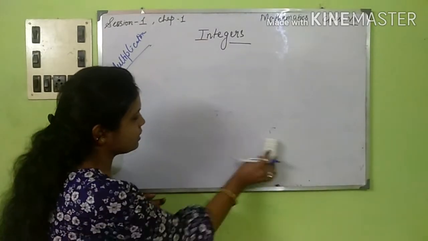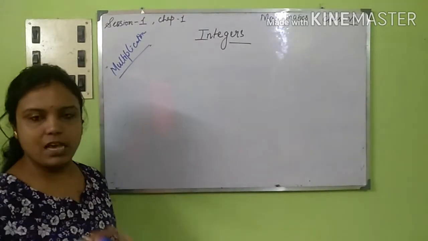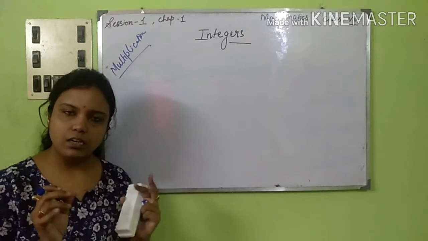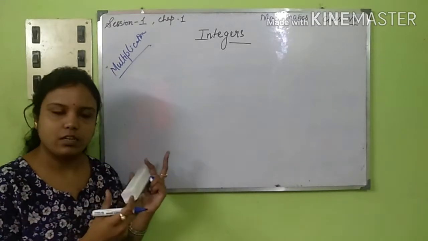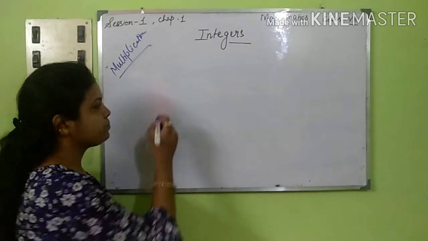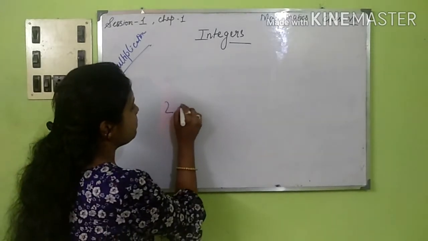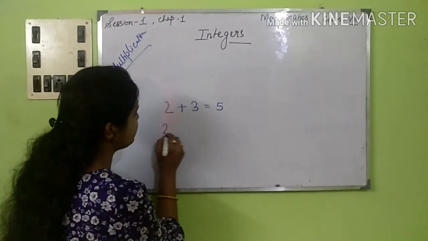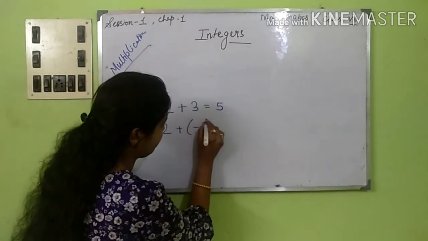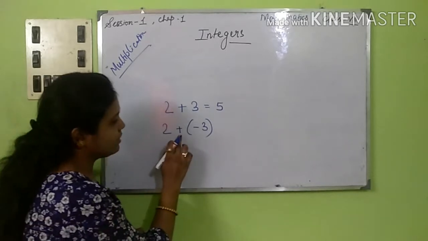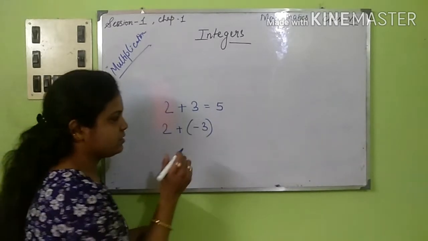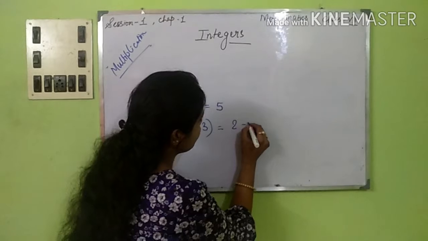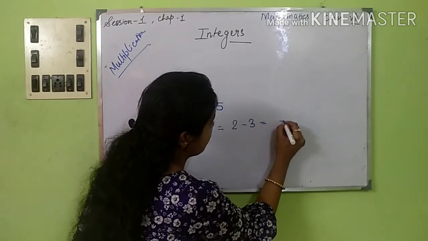For addition, this is a very easy way of telling you, so please listen to me carefully. 2 plus 3, you have 5. Now suppose 2 plus of minus 3. You should know that plus minus is minus. So we will have 2 minus 3, that is minus 1.